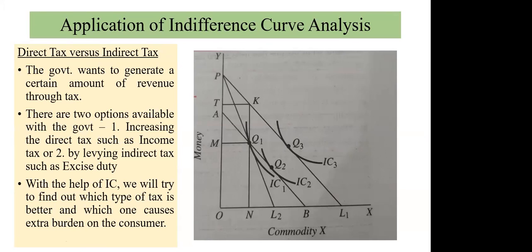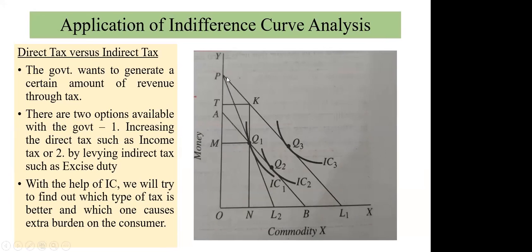Now suppose the government levies an excise duty or GST or sales tax, whatever. With this imposition of the indirect tax, the price of the good X will increase. So on the x-axis, we are measuring the quantity of commodity X, and on the y-axis, we are measuring the money income of that particular consumer.